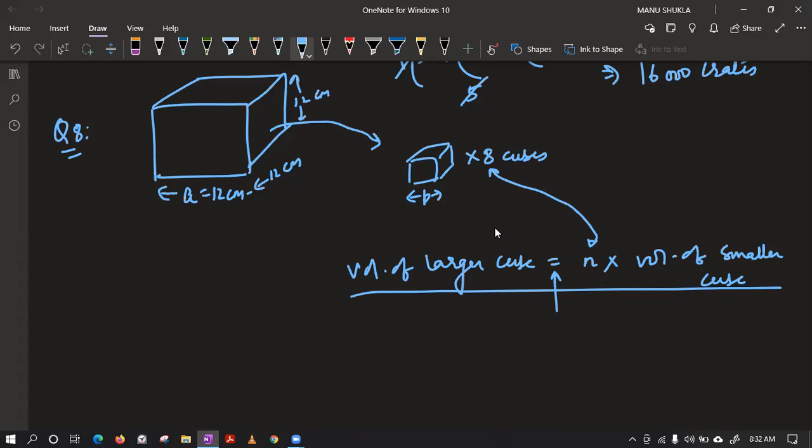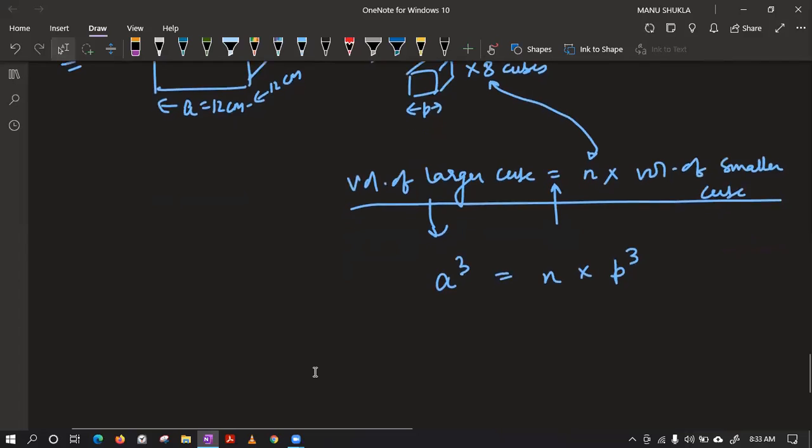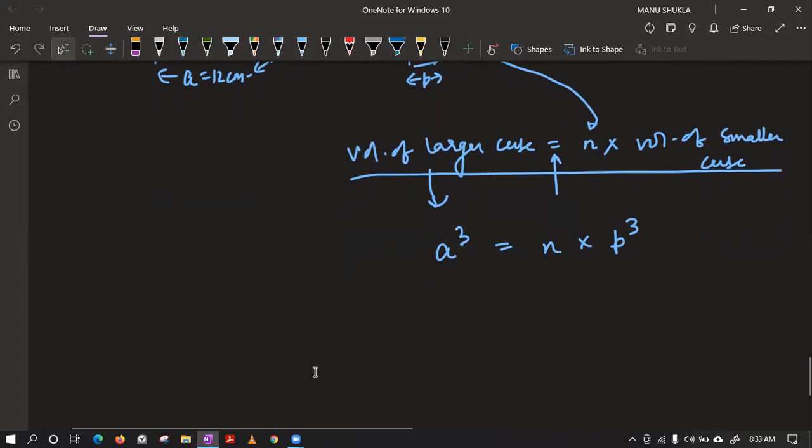So a cube is equal to n into p cube. You know the value of a, you know the value of n, and as I've told you, in any single equation, if there is only one variable, you can easily find the value of that variable. So a is 12: 12 cube is equal to 8 into p cube.